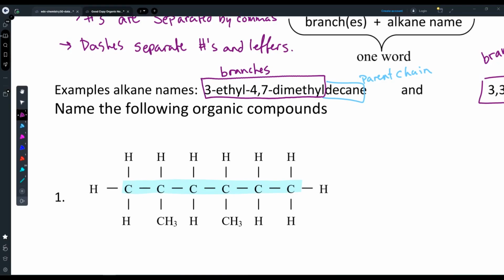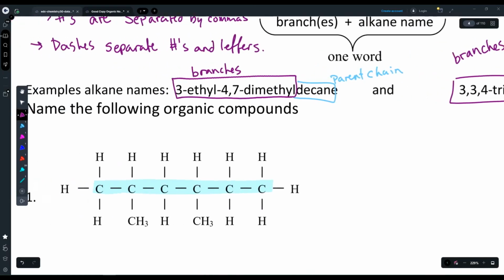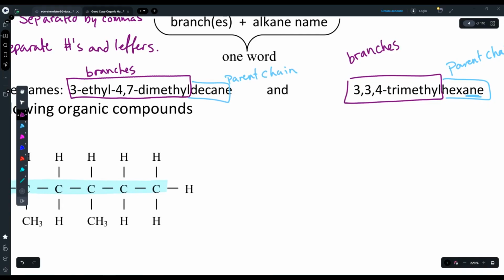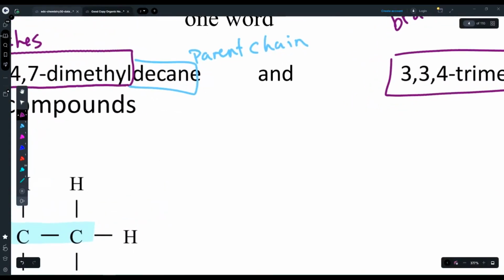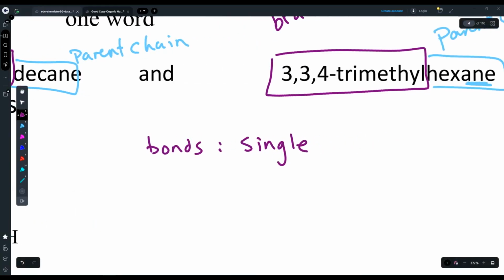Okay, so we have 6 carbons in our parent chain, and there's only single carbon-carbon bonds. So when you're looking to name stuff, this is kind of where your brain should be at. So bonds, only single. Which means we got to use the suffix ane.